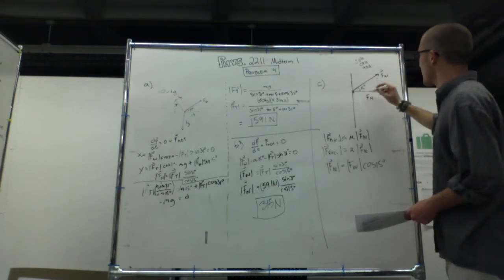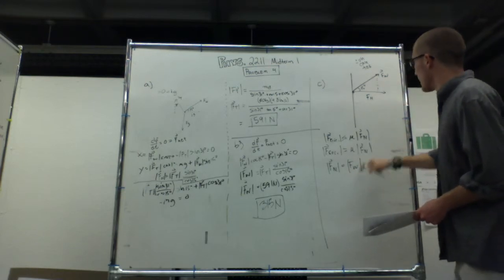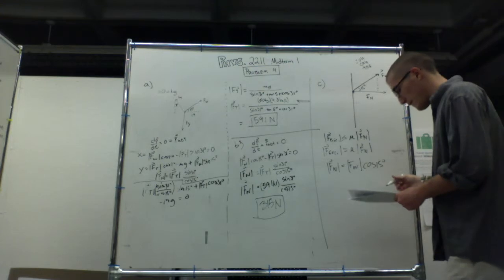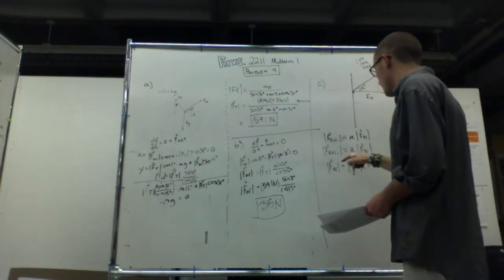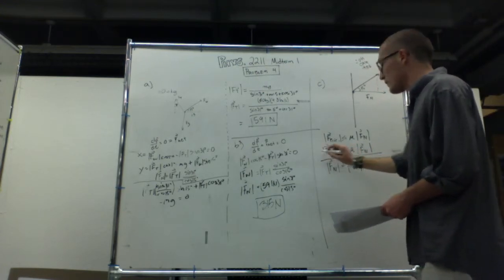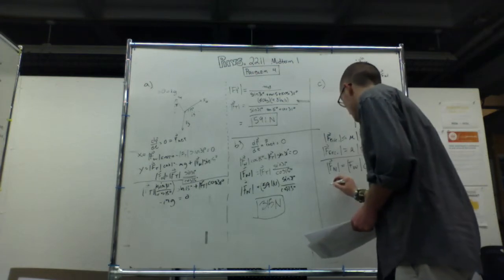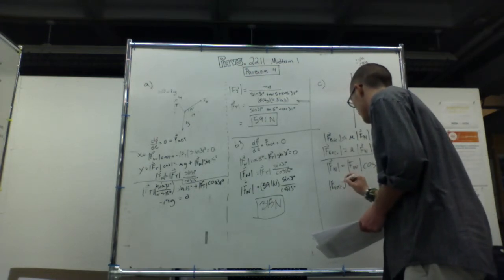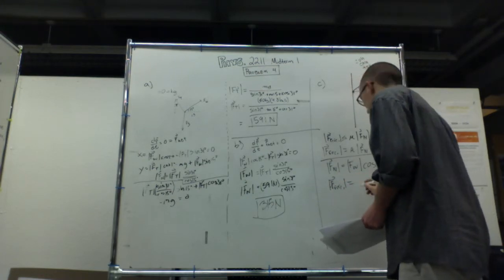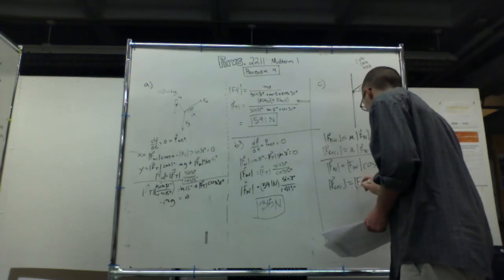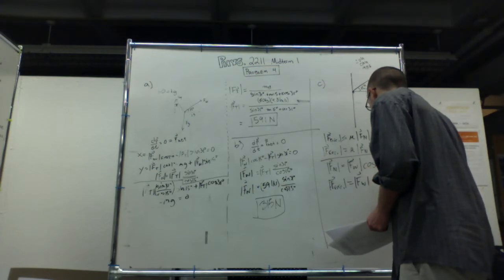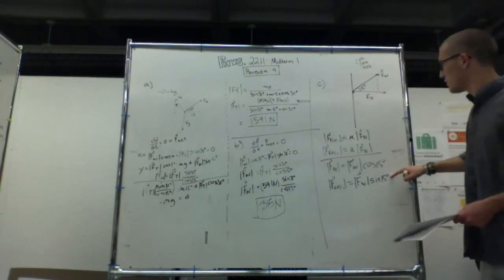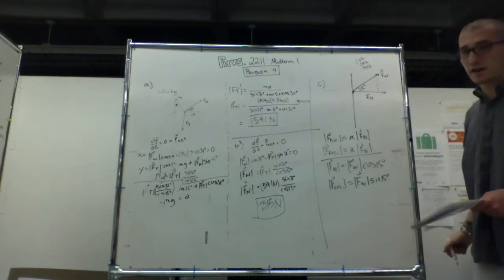So you have F_w times cosine of 15 degrees. And then you know that the force of friction here is equal to force of the wall again, times the sine of 15 degrees. So these are your two components here.